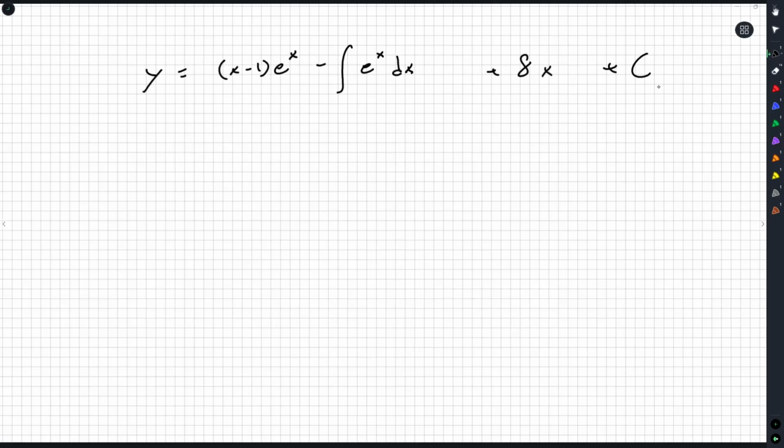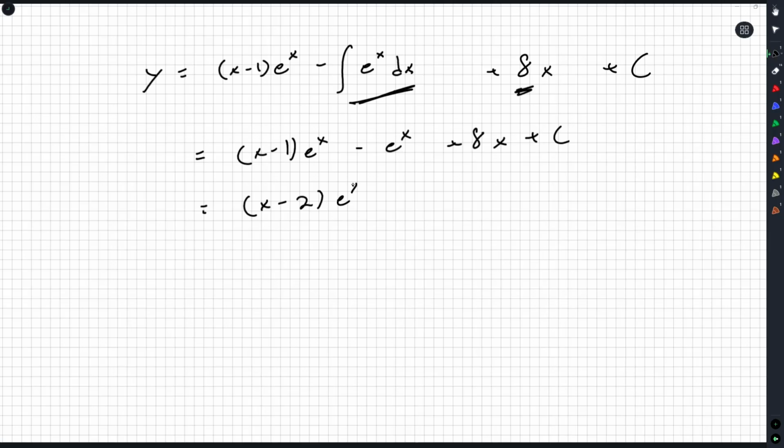If you're particularly worried, call it c1, but I'm just going to call it c again, because we already solved for the first instance of c. And then integrating e to the x, we know how to do that. And we can say x minus 2 times e to the x plus 8x plus c.